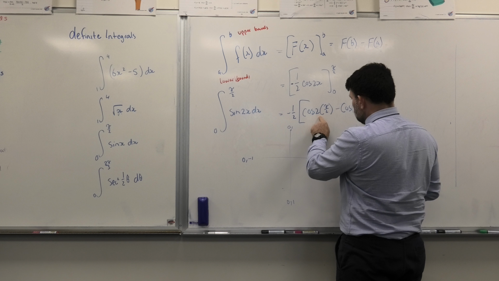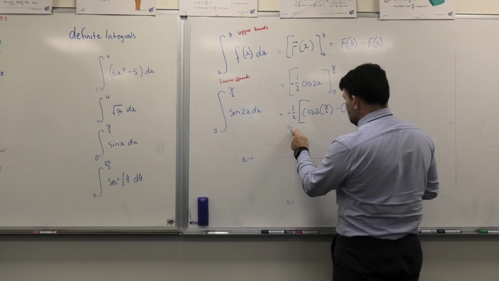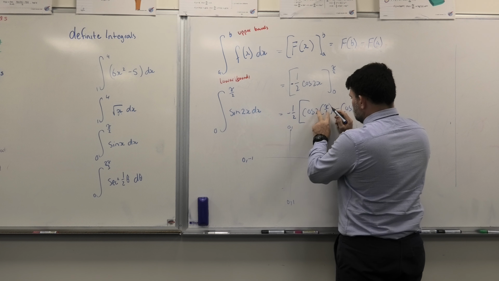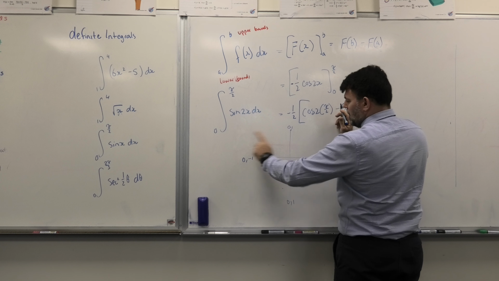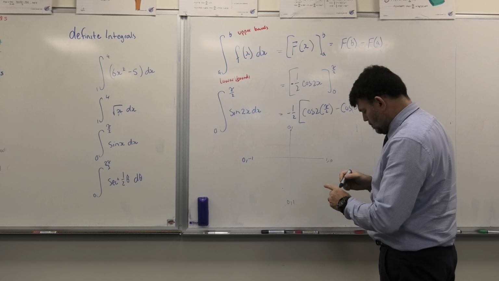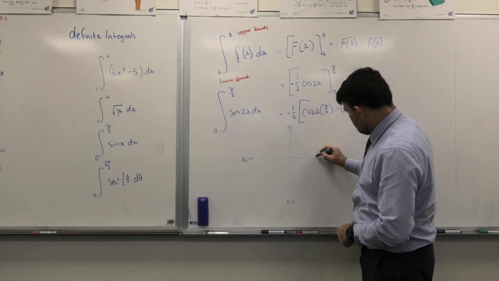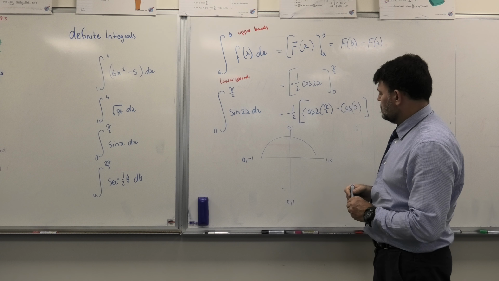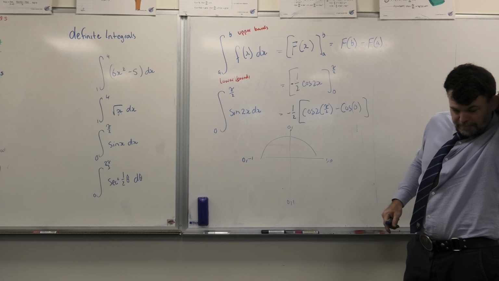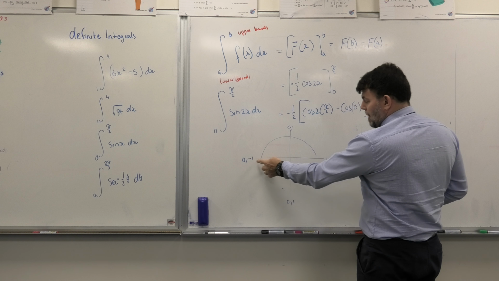Cos 2 pi will bring me up here, but because I'm doing 2 times pi on 2, these are going to cancel out, I get pi. So therefore, I'm all the way over in this section, and I should end up with negative 1 for x.